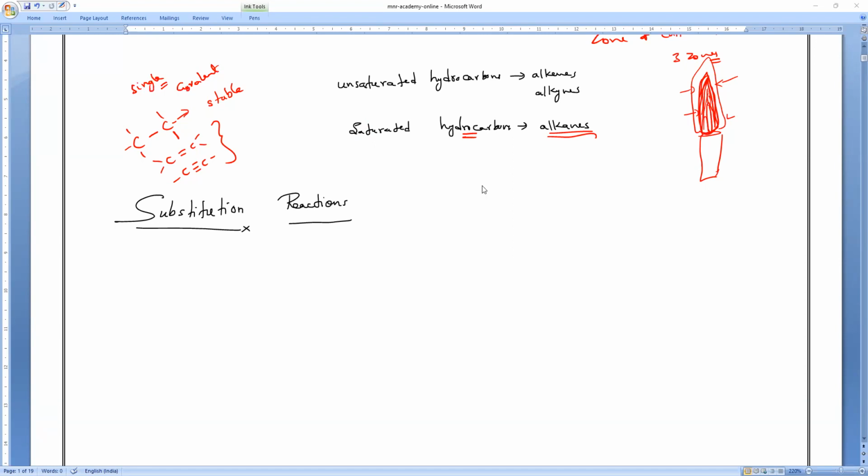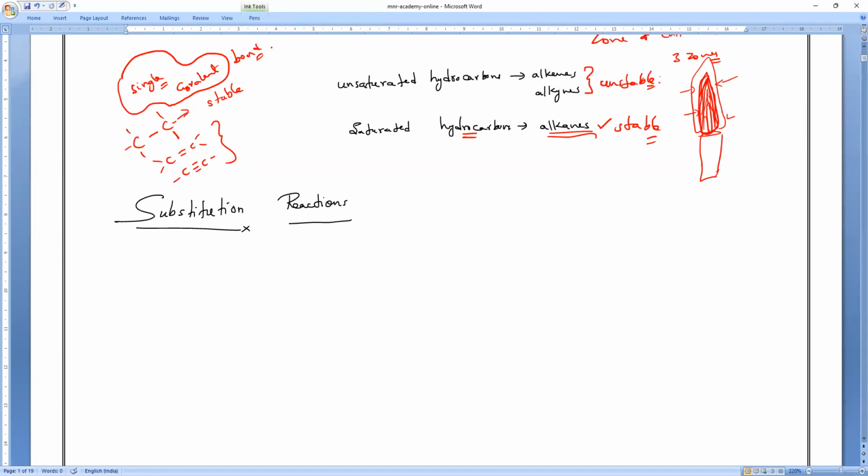What is the reason behind it? Because of the presence of carbon-carbon single covalent bond, they are more stable in nature. So who is more stable? Saturated or unsaturated?